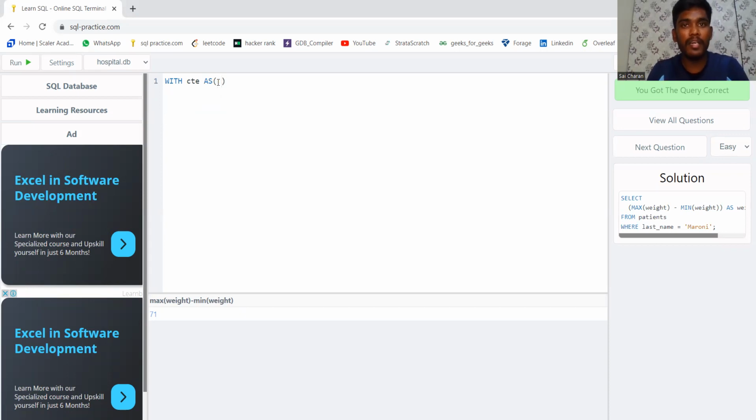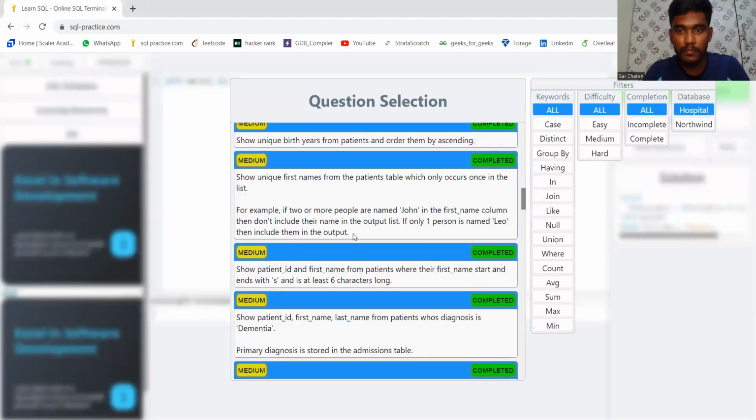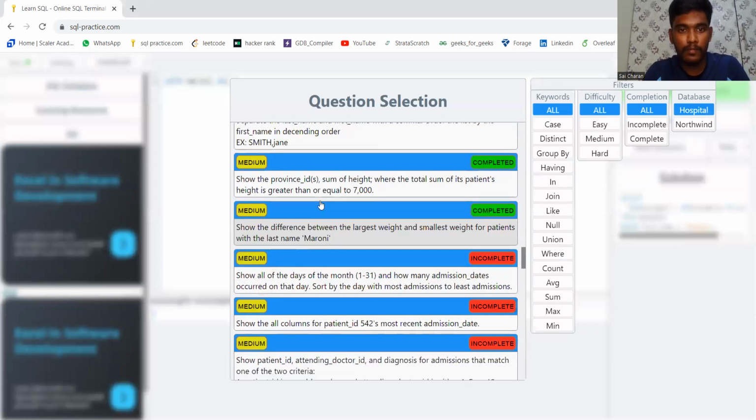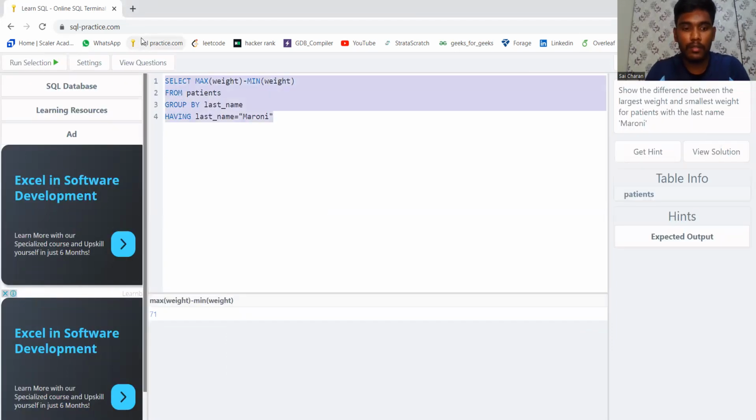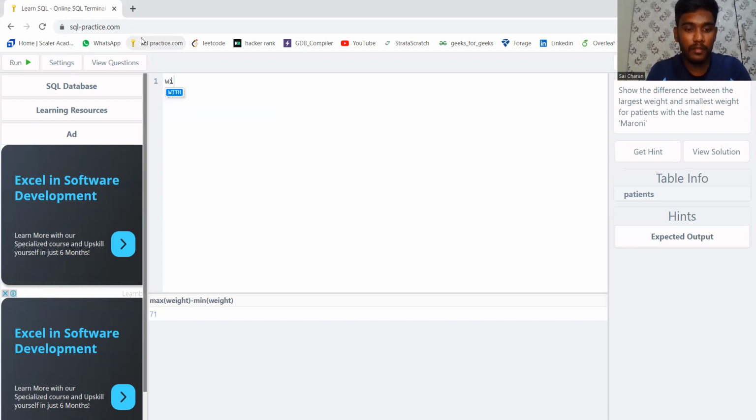So how does it go with CTE? Here we can write our required query, and we can give it any name, let's say Meroni. So the weight Meroni as, and here I just need to write the data for Meroni.